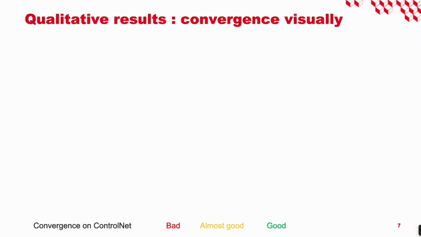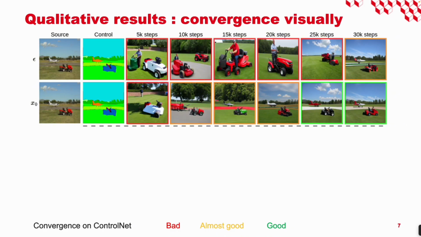Here we show a visual example of the convergence dynamic with the baseline approach and our approach. In the case of semantic segmentation, we can see that when using x0-Supervision, ControlNet converges faster. Hence, we can see that the model quickly follows the layouts and the semantics of the objects.